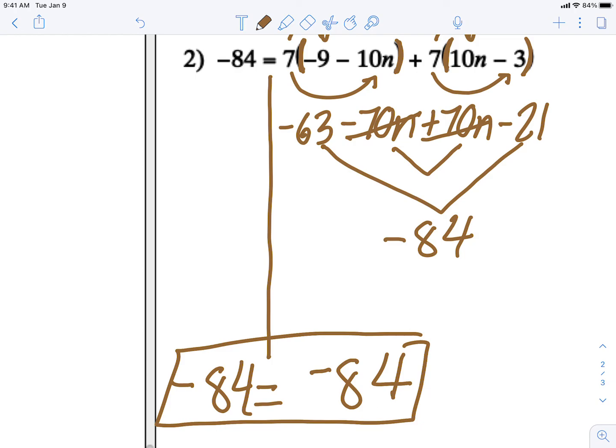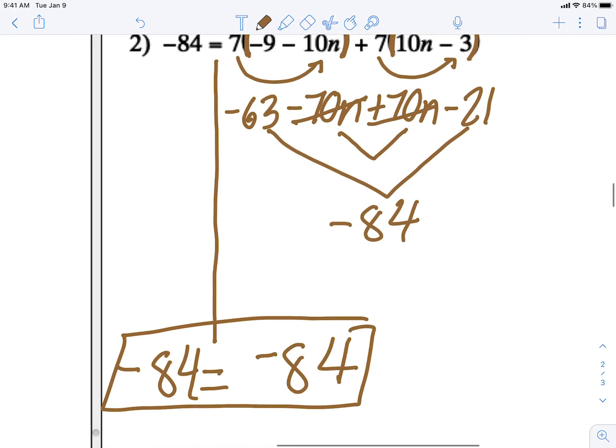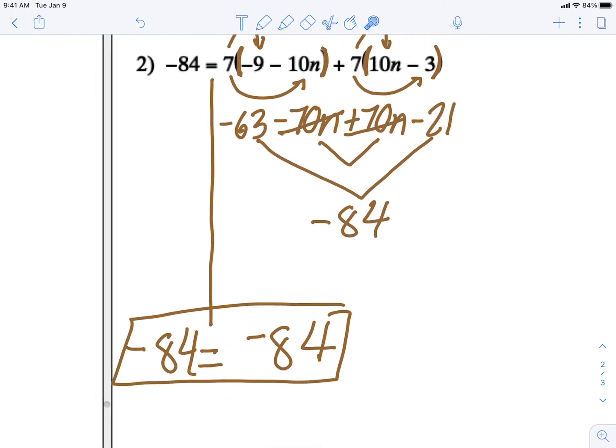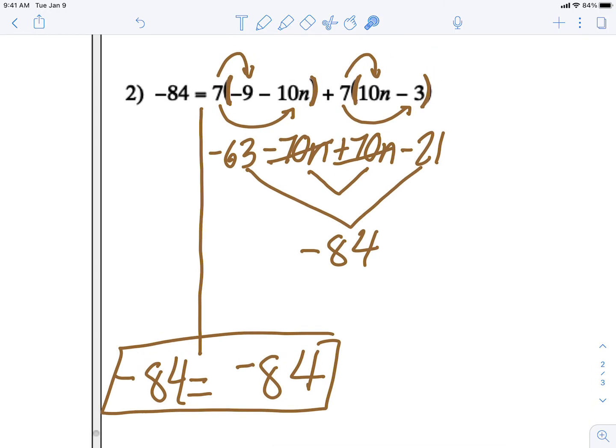That is true, right? Since it's negative, if you owe one person $84 and you owe another person $84, you owe them the same. They are equal. So that means that any number in the world that you plug in here and here, the same number, works.